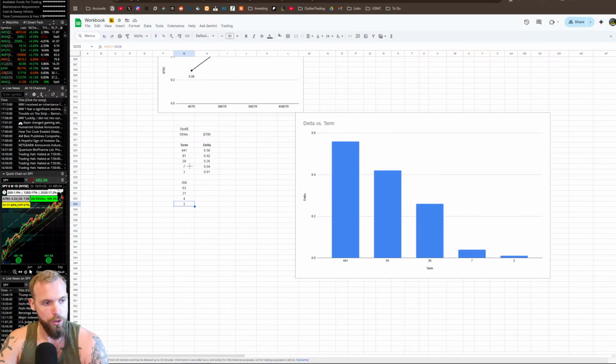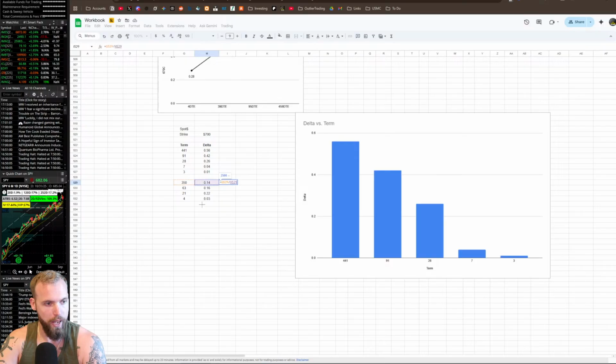The reason why I want to do this is I want to show you the change in delta between these. And then we can figure out delta per unit of time. So here's your change in delta for these different changes in duration. Now from here, I can say as a ratio, and again, you can do the ratio however you want.